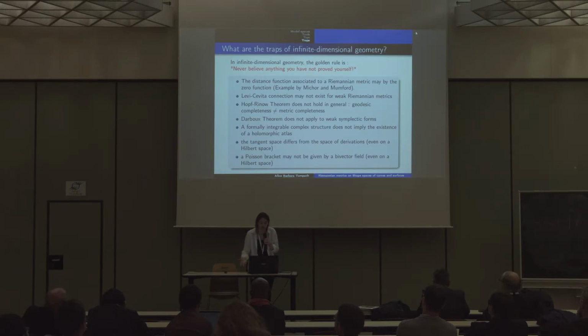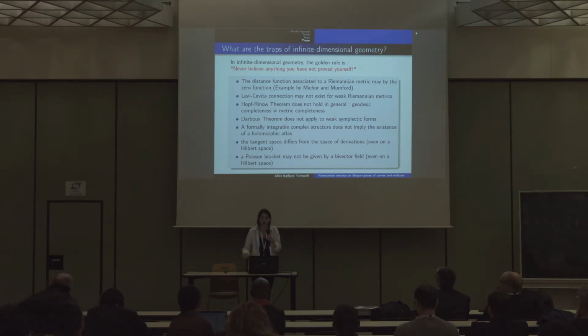The Darboux theorem that gives you the local way of writing a symplectic form in a chart does not apply to weak symplectic forms. A formally integrable complex structure does not imply the existence of a holomorphic atlas. And the tangent space, usually we think of it either as a space of velocities of curves on the manifold or as a space of derivations.